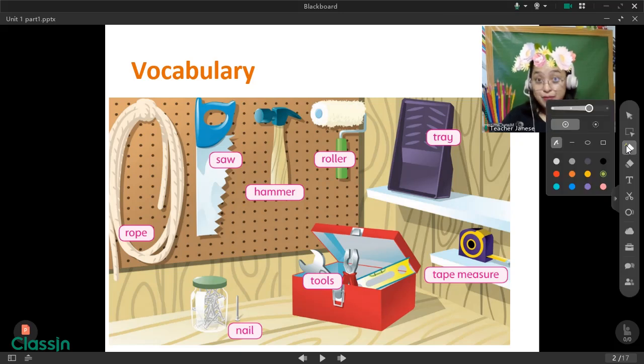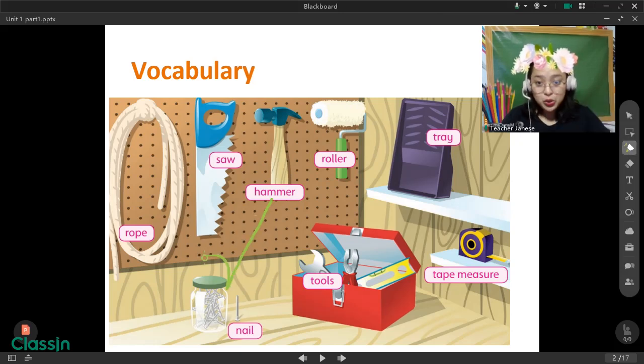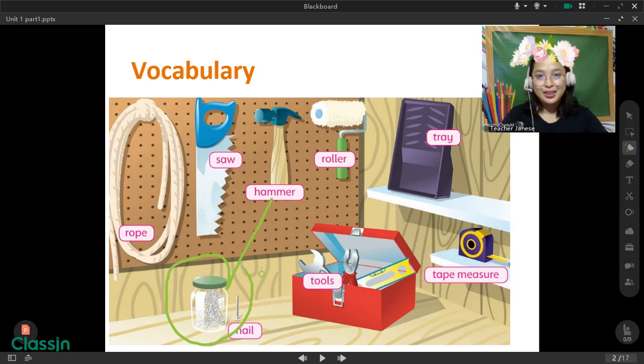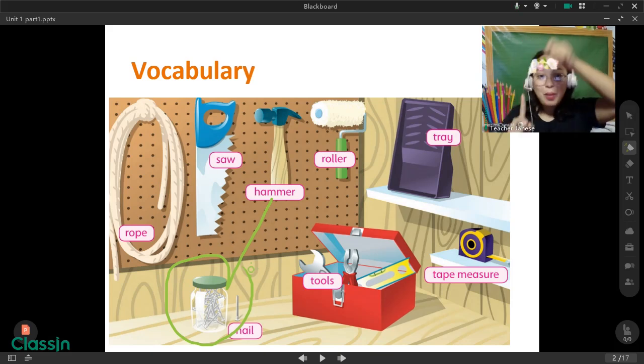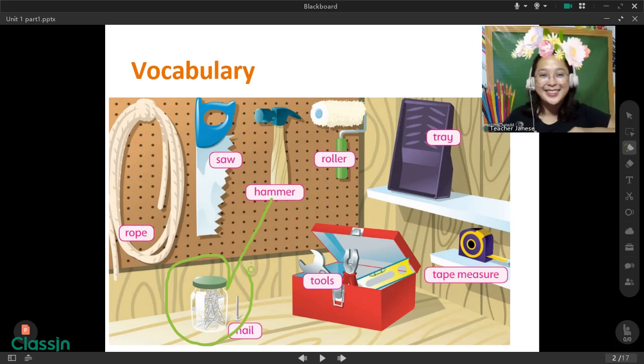So I've mentioned nails, right? So this one is nail. Okay, they are together. So, for example, this is the nail, and this is the hammer. So we use the hammer to pound the nail. So that's hammer and nail.